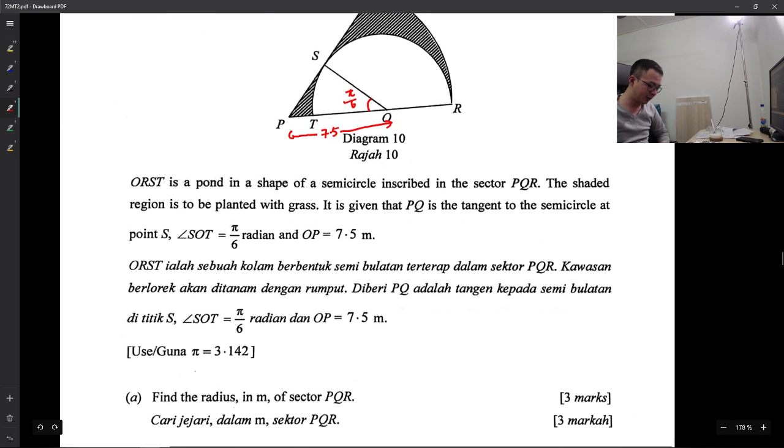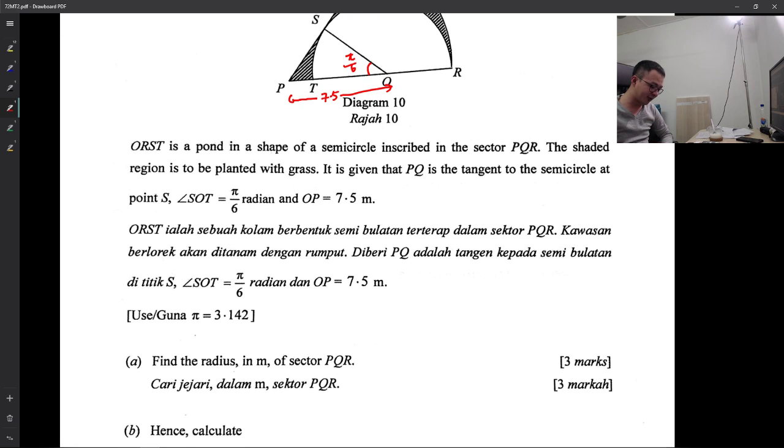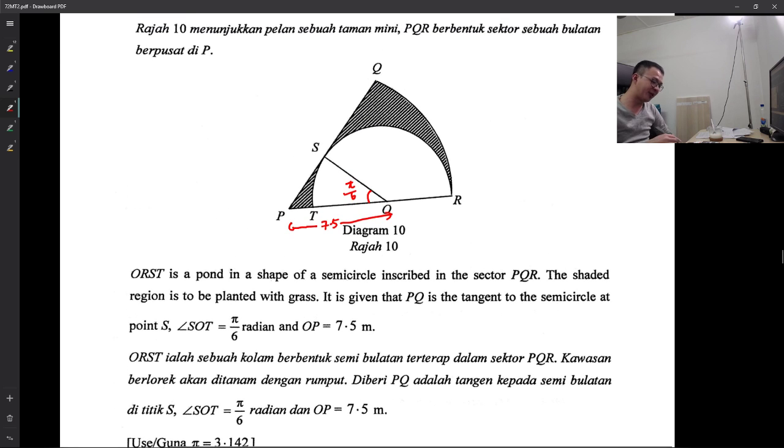Alright, so yeah, we need to solve this. Find the radius of PRQ. So for PRQ, we want to find the radius. Basically, we want to find the length of PR or the length of PQ. Yeah, we need to do either one. So I guess I find PR. First thing is I try to find the r here. Because this is the tangent point, I know tangent to center is always 90 degrees. So this is a right angle triangle.